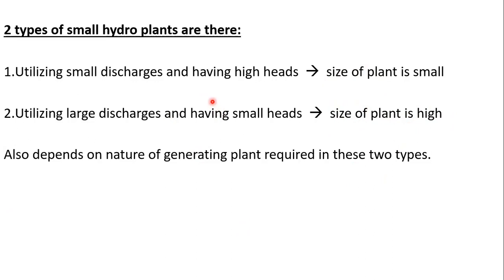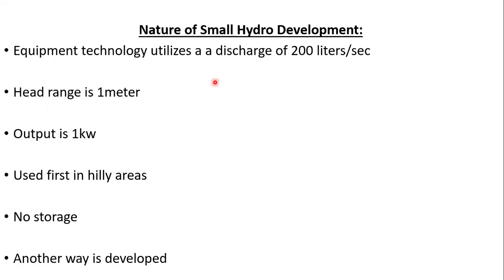Now we will see the nature of small hydro developments. Equipment technology is available to utilize a discharge as small as 200 liters per second, simply 0.2 cubic meters per second, with a head ranging from even 1 meter, producing an output of 1 kilowatt at reasonable cost.